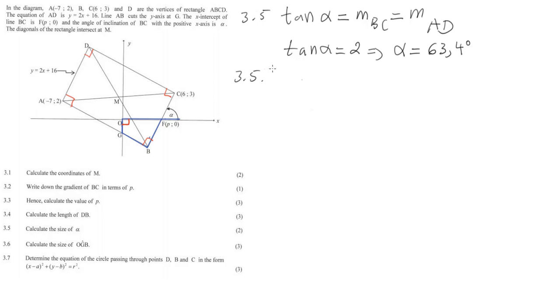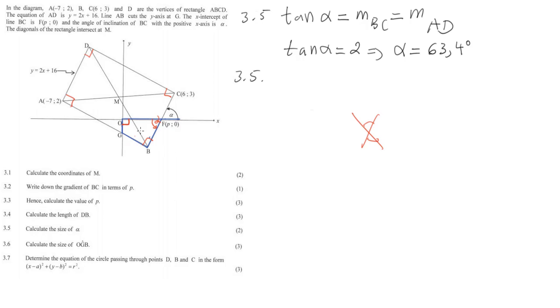So for anything that has 4 corners, if you add the opposite angles, they will give you 180. 90 degrees plus 90 degrees is 180. So if we have this angle 63,4, what will this angle be? These two angles are opposite angles, so this is also alpha.